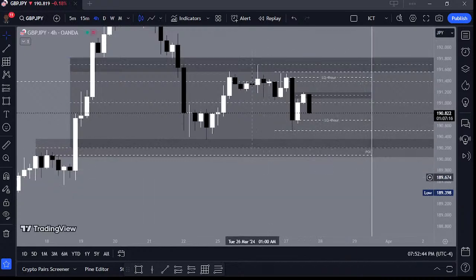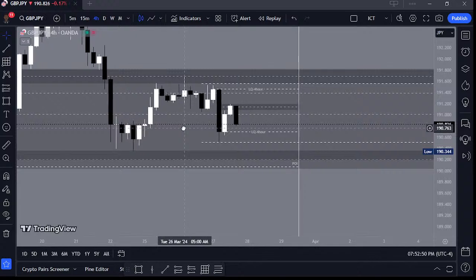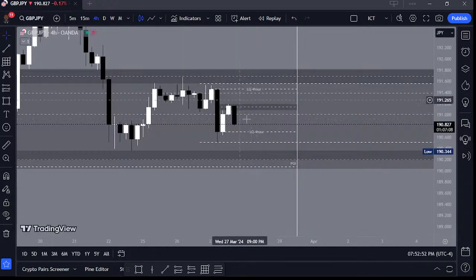So yeah, pretty sure I'm gonna do that. Thereafter, I'm just looking for PDRs and liquidity areas for validating that I'm gonna take liquidity before going low.